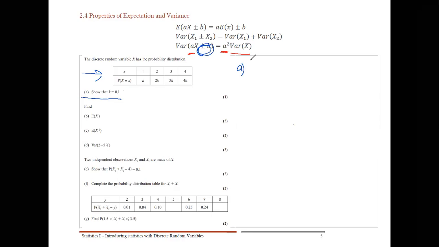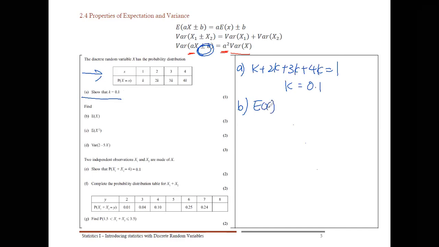Based on what we have learned, the sum of all probabilities must be equal to 1. So k plus 2k plus 3k plus 4k must give you 1. So therefore, k is simply 0.1. Simple. This is just a very elementary question. Expectation of x. So the expectation of x, how do we find it?